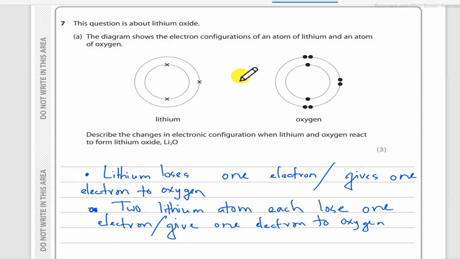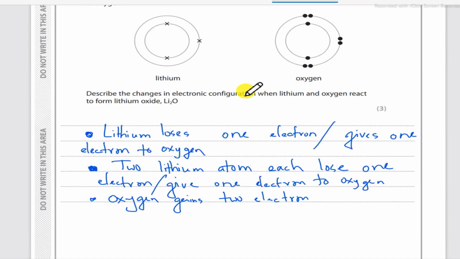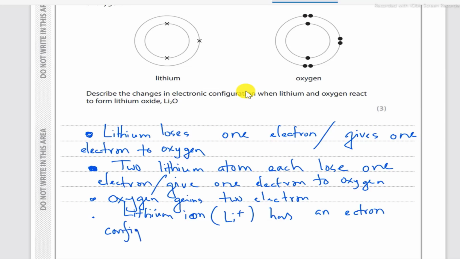Oxygen gains two electrons. So the lithium ion has an electron configuration of 2.